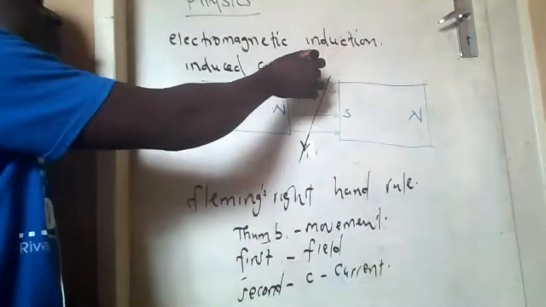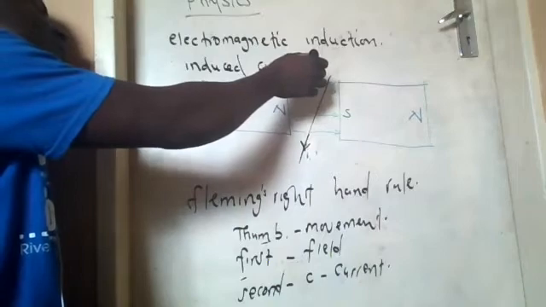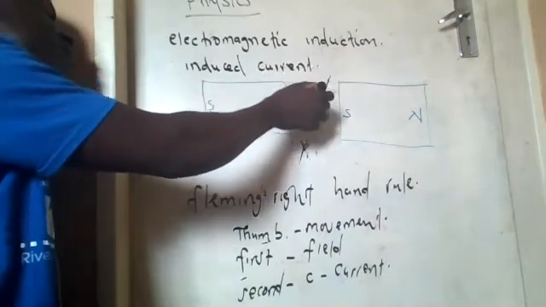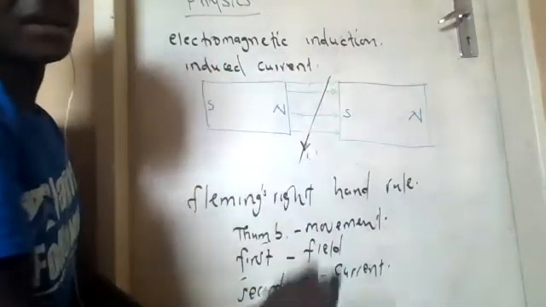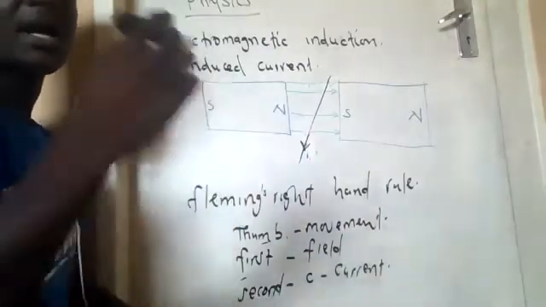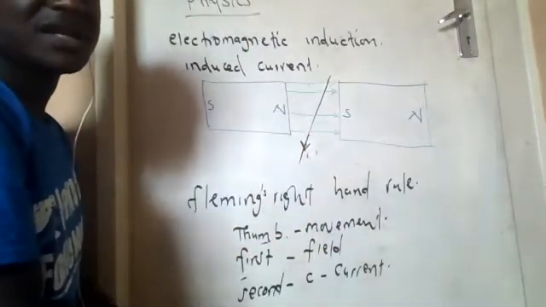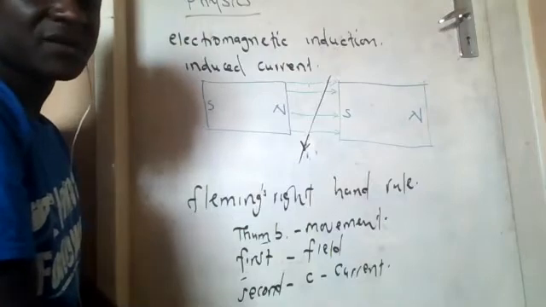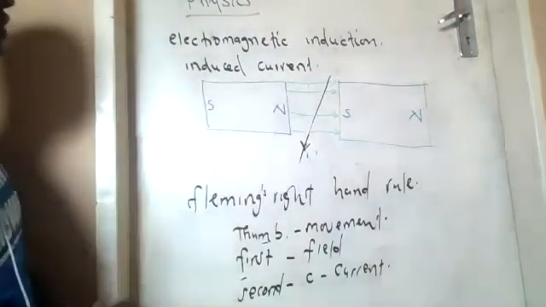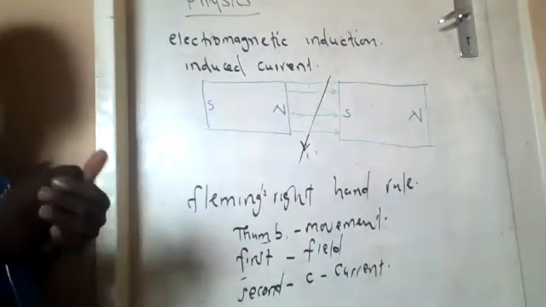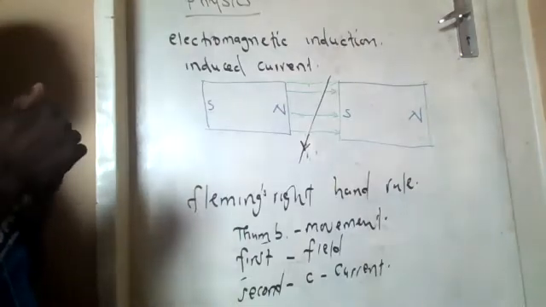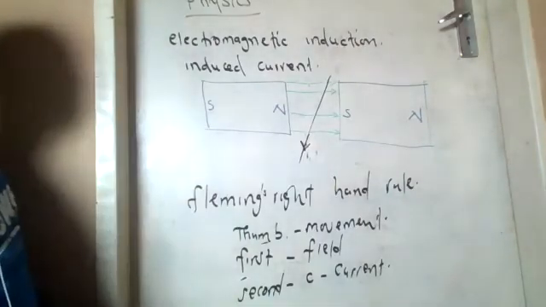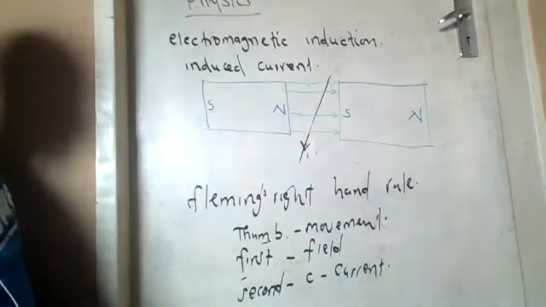And when the wire cuts the magnetic field lines in a downward way, the current will flow in the opposite direction. So that is how electricity is produced. That current is produced by the method we call electromagnetic induction.